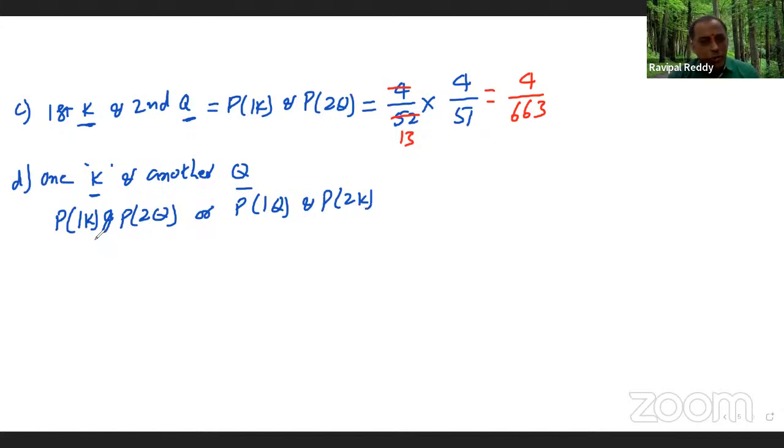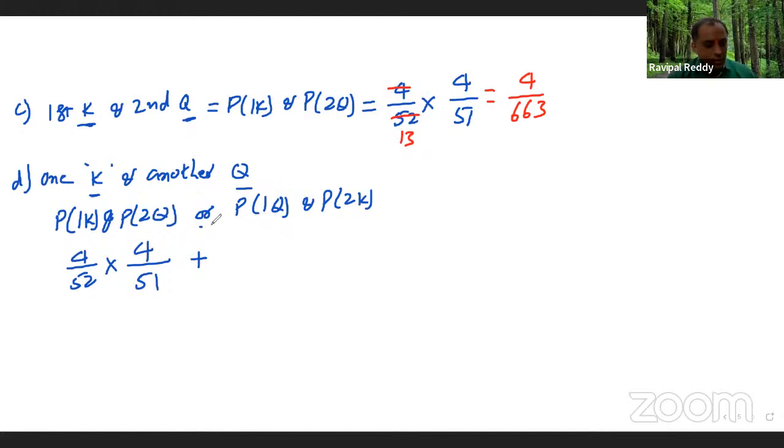First card king, number of kings is 4, 4 by 52 into second card queen. We take one king, then queens, we are not touching the queens. So how many queens are there? 4. 4 by the total number of cards, 51 only. Now here the OR symbol is there. OR means a plus. Next, probability of first card queen.